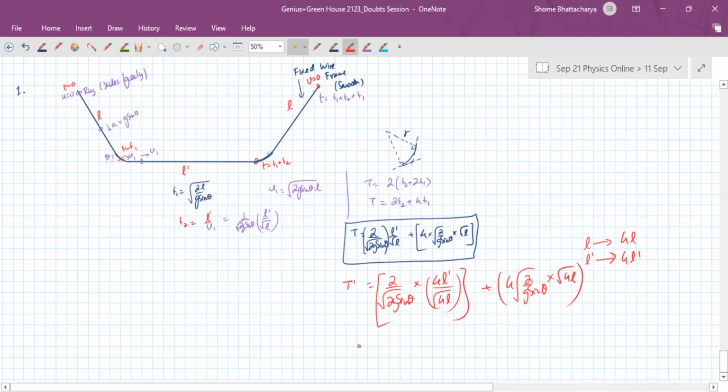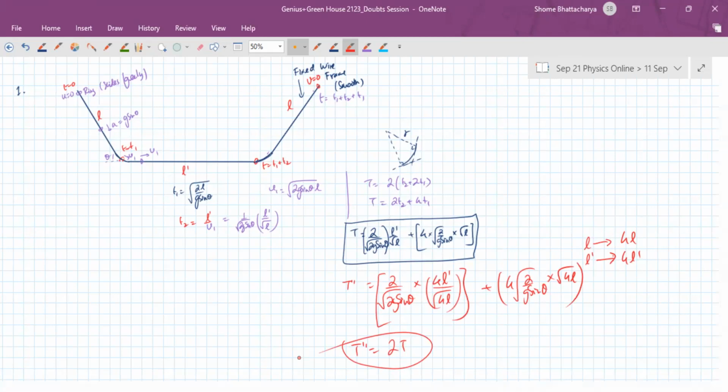So now, comparing this with the above, you can see that this time is 2 times the earlier time. Right? Is this clear, Mansi? Yes, sir. So it's a bit of a tricky question because you have to use a combination of Newton.